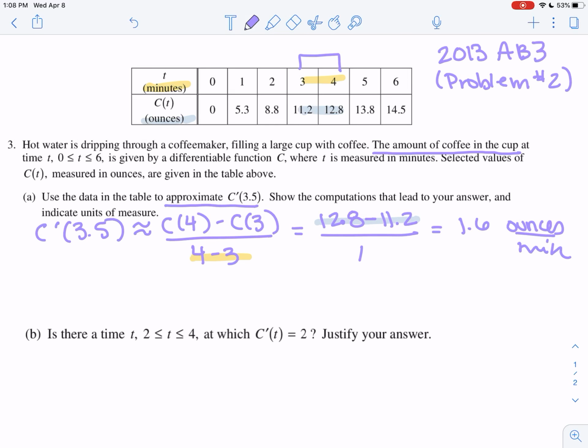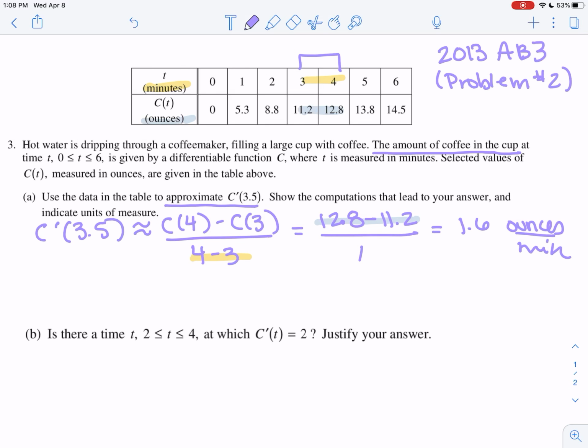Remember, it's really important that you show the difference quotient as well as a numeric answer. So if you left it like this, that would have gotten you the points there. But we do need to see a difference quotient. And then this one also asked for units.